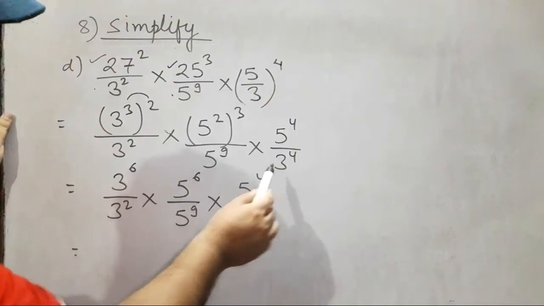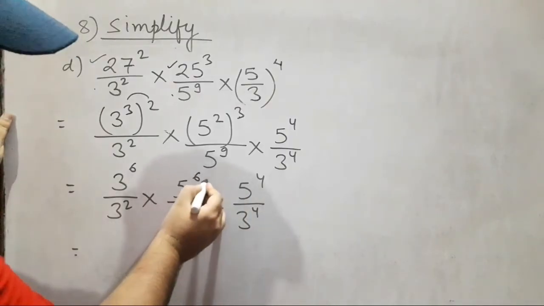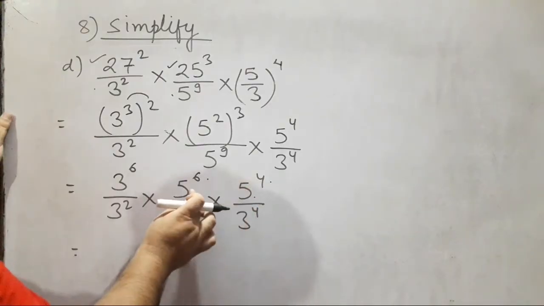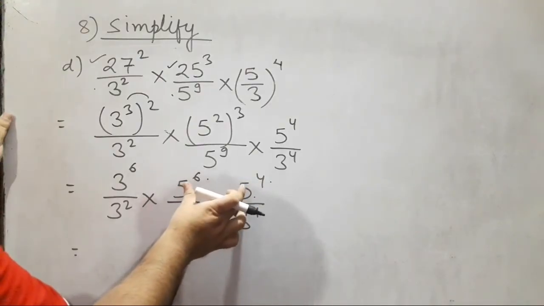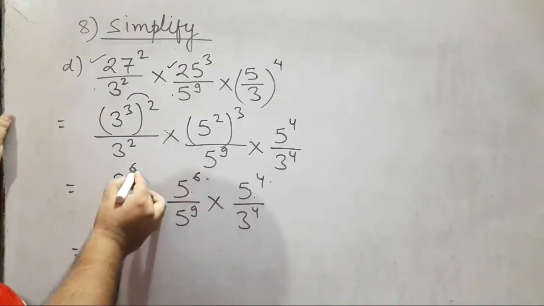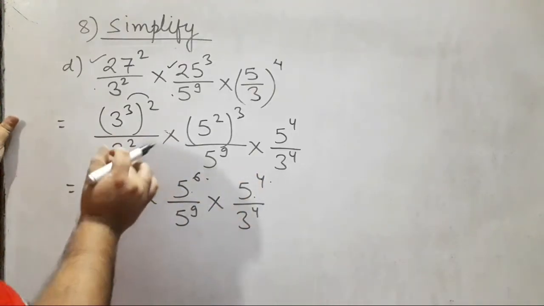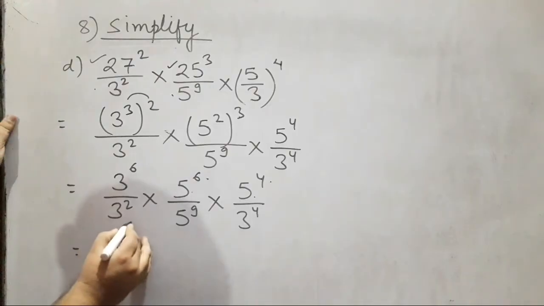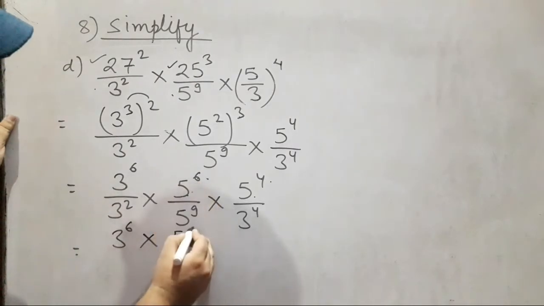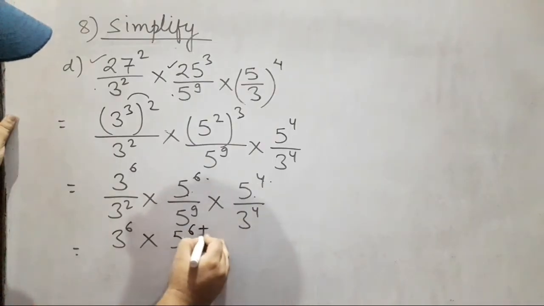Okay, let's see in the upper portion. In the upper portion, this 5 power 6 and 5 power 4 shall be operated. Now they are of same bases, and when same bases are multiplied, then their powers are added. This 3 power 6 shall remain silent for some time. 3 power 6 into 5 power 6 plus 4.